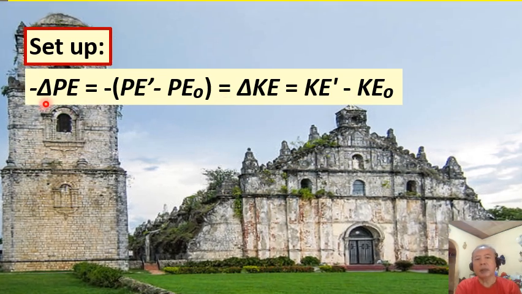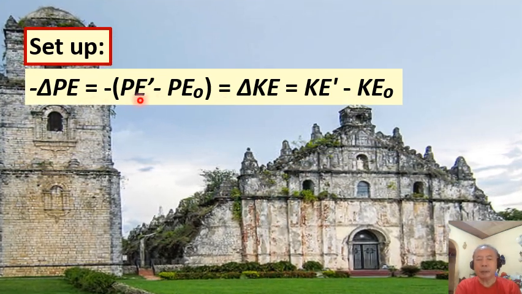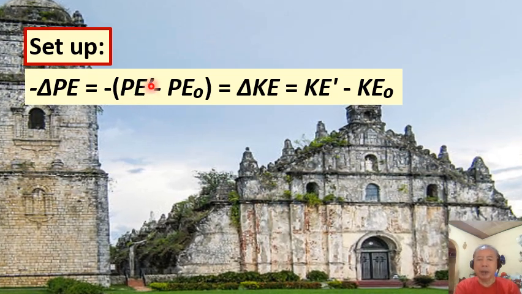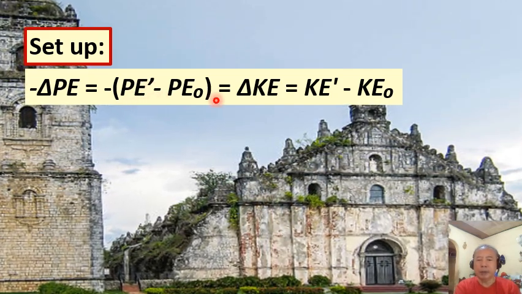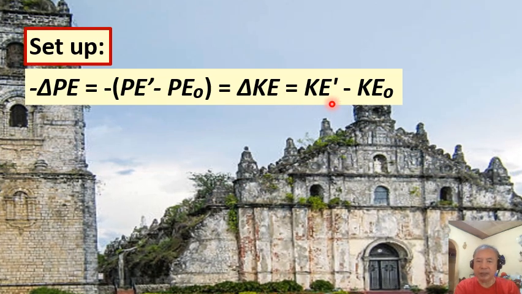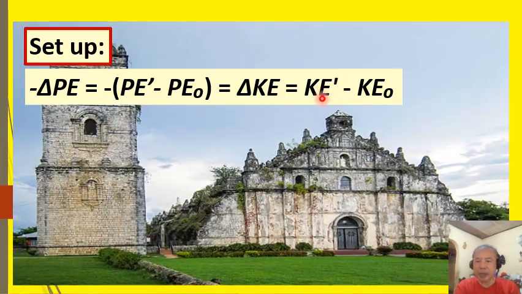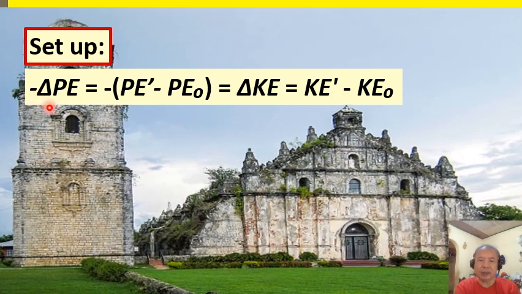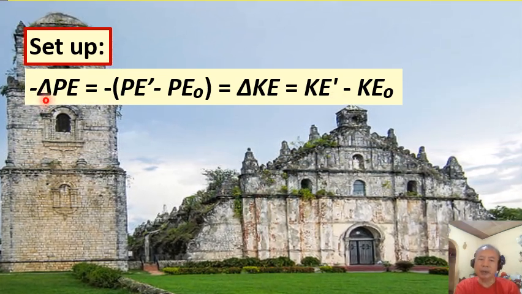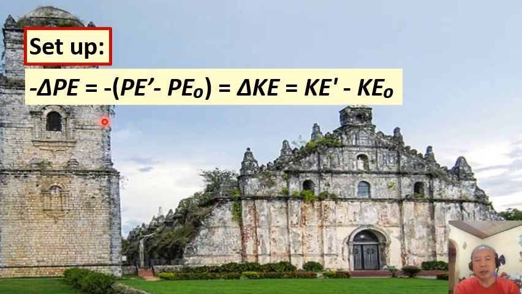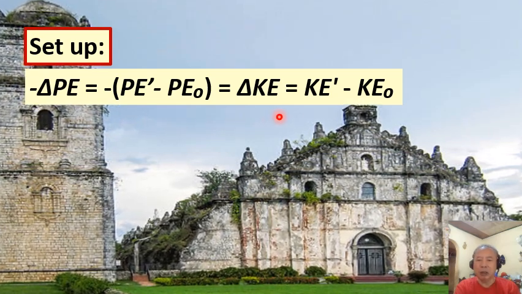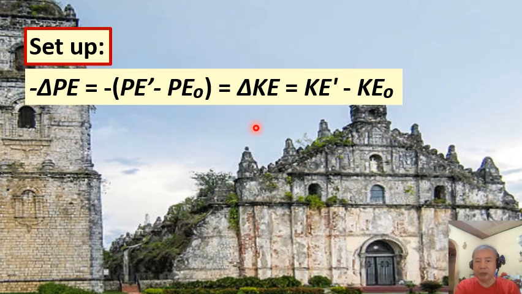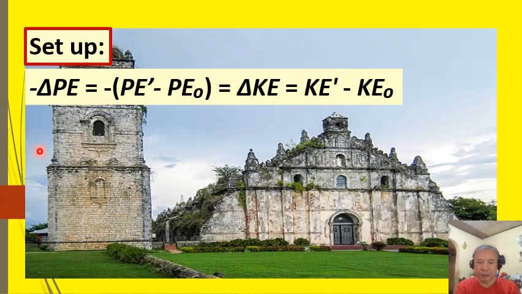The final potential energy is denoted here by PE prime, while the final kinetic energy is represented by KE prime. There is a negative sign in the term delta PE because the initial separation distance of the two spheres is greater than the final separation distance.